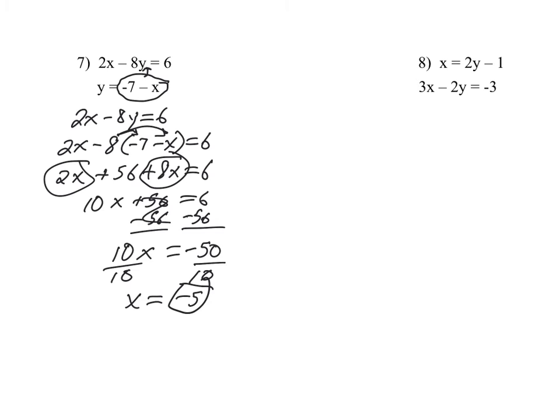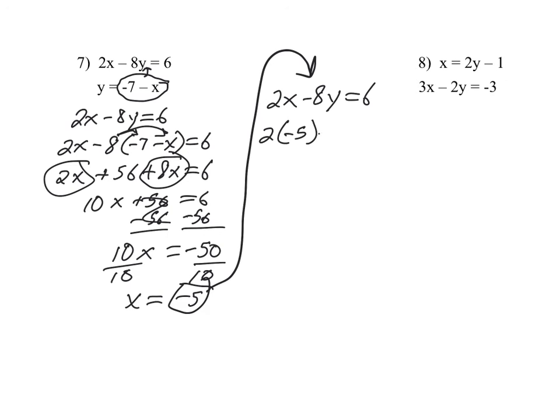I know what x is, but I don't know what y is. So I take that up and I replace it. And again, it does not make a difference which equation you put it in. This time I'm going to put it in the first equation, which is 2x minus 8y equals 6. And so that's 2 times negative 5. Take away 8y equals 6. 2 times negative 5 is negative 10.